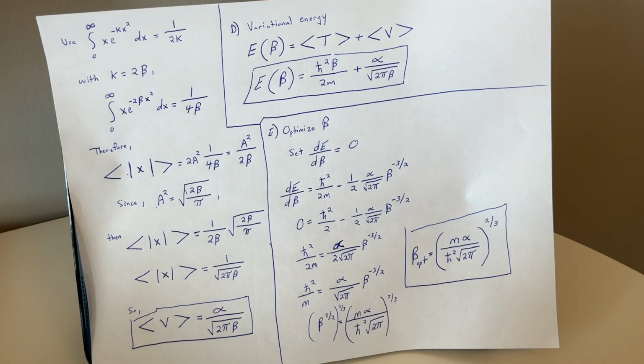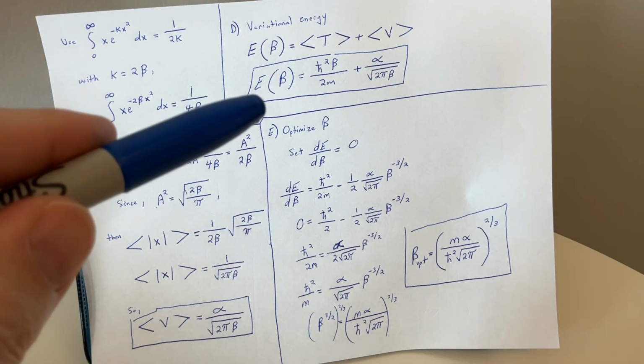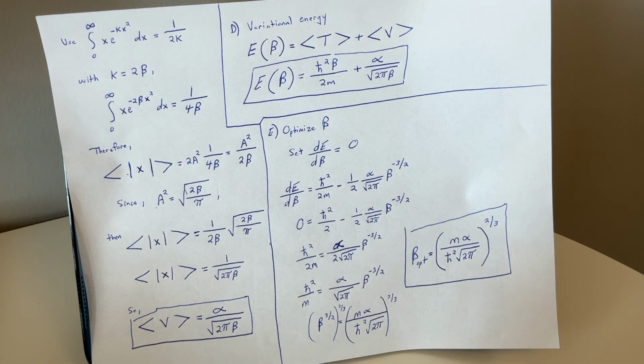So for the variational energy, we have E of beta. That's going to be just the sum of the expectation value of T plus the potential energy's expectation value. So taking those sums and substituting, the variational energy is equal to h bar squared beta over 2m plus alpha over the square root of 2 pi beta. That takes care of letter D.